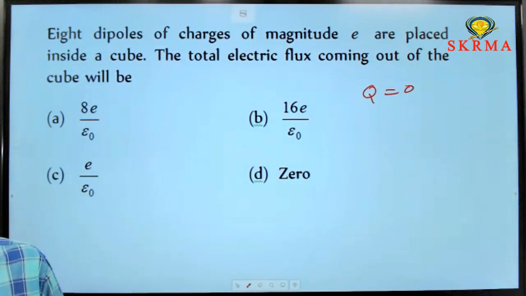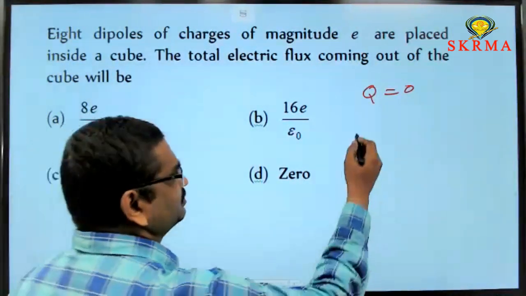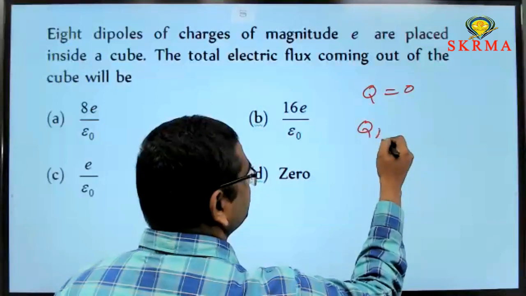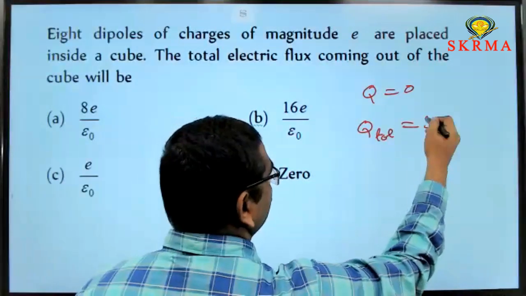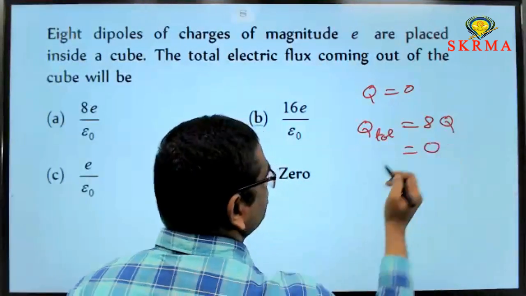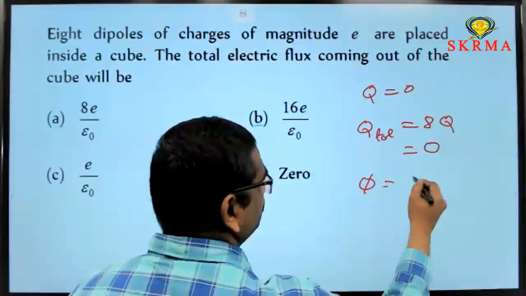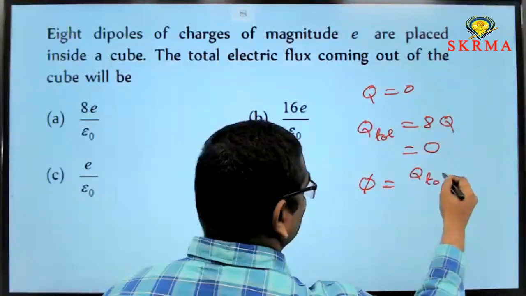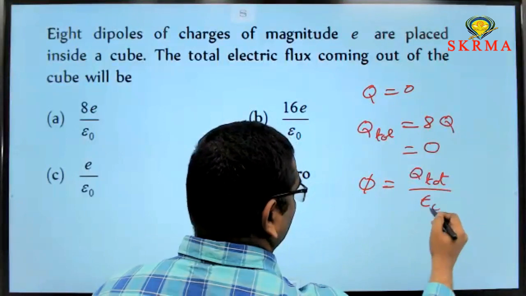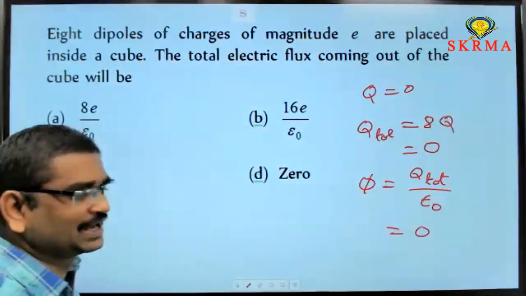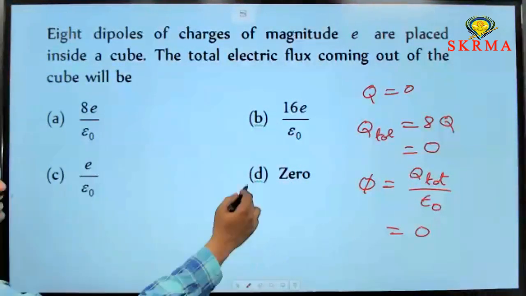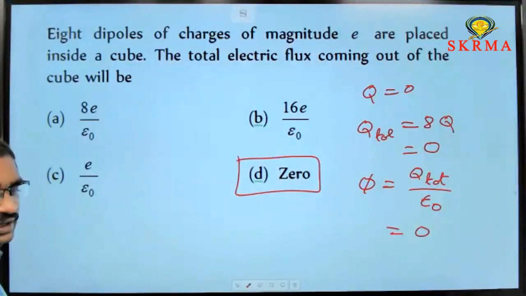So the total charge for each dipole is 0. With 8 dipoles, Q total is 8 into 0, which is 0. Flux equals Q enclosed by epsilon naught. Q total is 0, so flux is also 0.